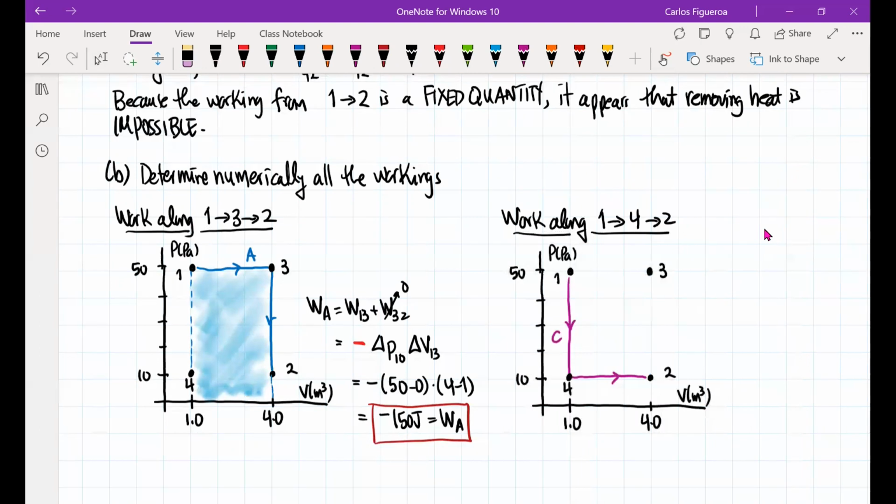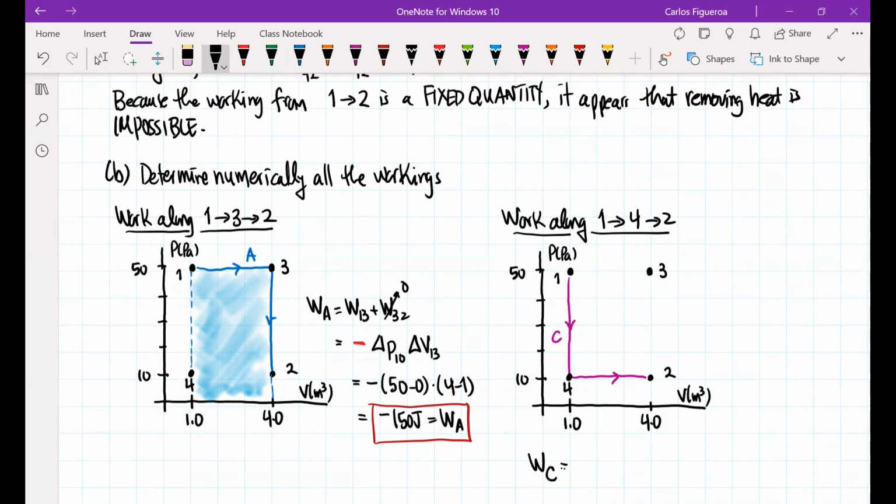Right? I don't care about any of the other paths. So if I look at this path, you can clearly see here that this is the work of C, excuse me.